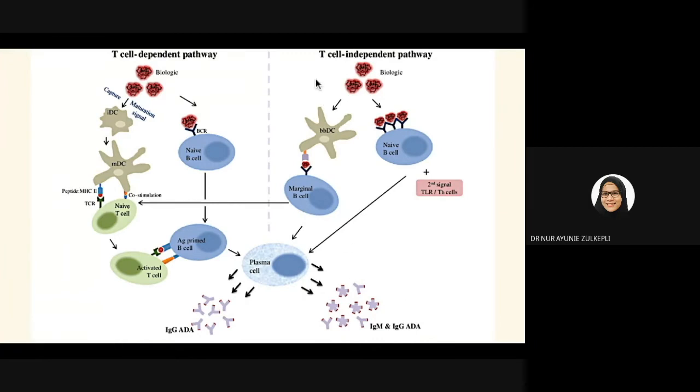But the T cell independent pathway involves direct binding to the antigen, and then also requires a second signal, for example interaction with another receptor such as a toll-like receptor, and then initiates the plasma cells to release the antibodies. So this is the difference between with the T cells and without the T cells.